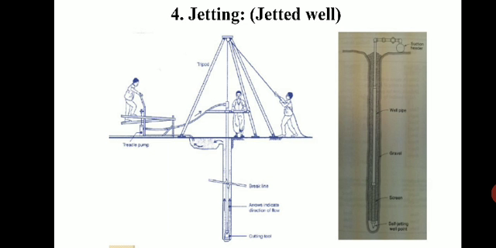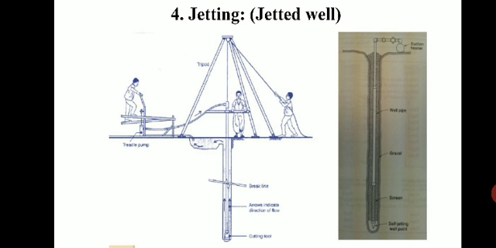The fluid circulation system is similar to that of the rotary drilling method. Here, as shown in the image, you can see the jetted well construction with the water circulation that is maintained.